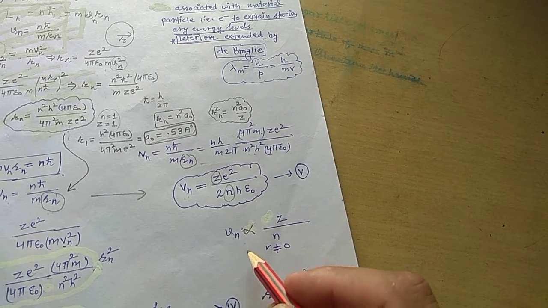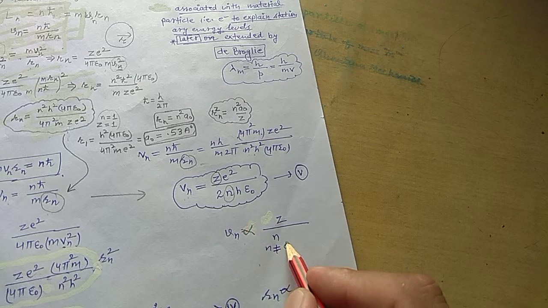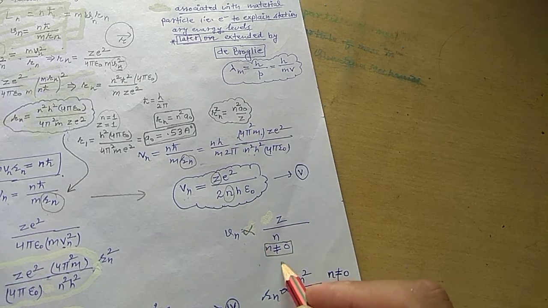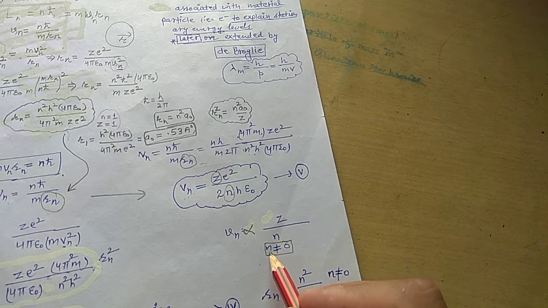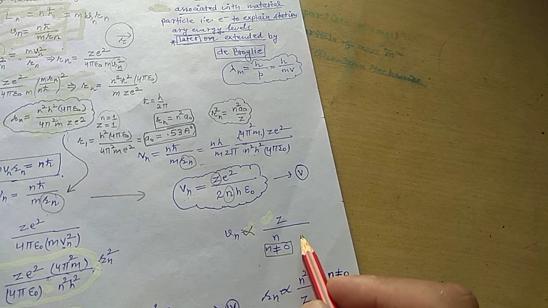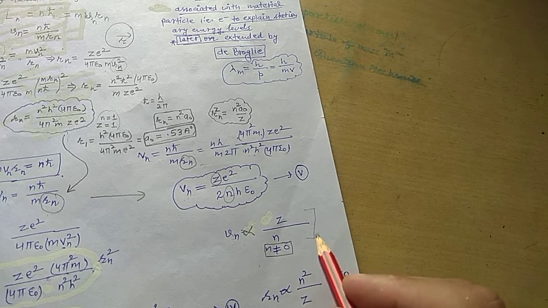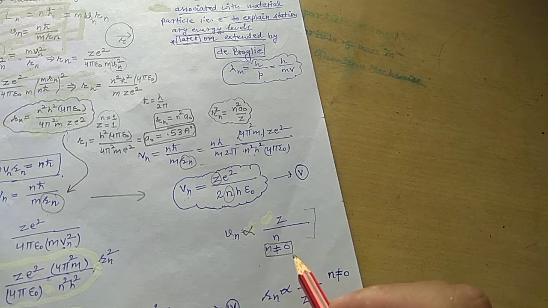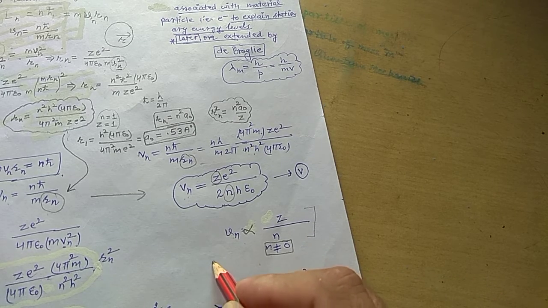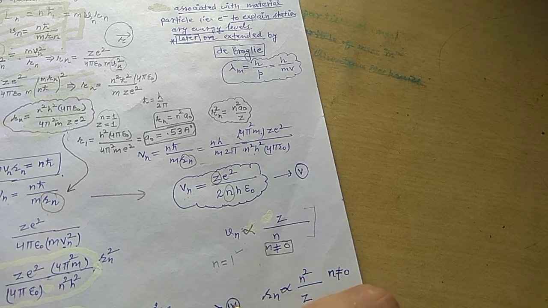You need to keep in mind here that n is not taken equal to 0, because if n is equal to 0, then the velocity leads to infinity. This is physically not acceptable. So you can see in the Bohr theory why we choose the minimum value of the quantum number n to be 1.